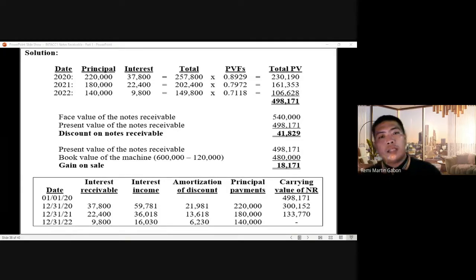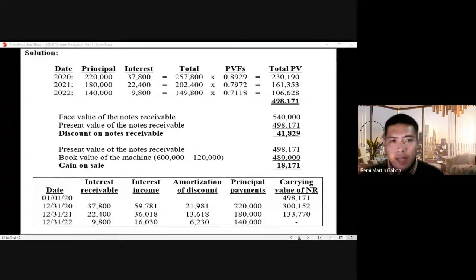All right, that's correct. 313,770. But it isn't in the amortization schedule. So we subtract 180,000, that gives 133,770. Then the same thing, cut the process. How much should the amortization be that we add to 133,770 so it zeroes out when we subtract 140,000 plus the principal payment?